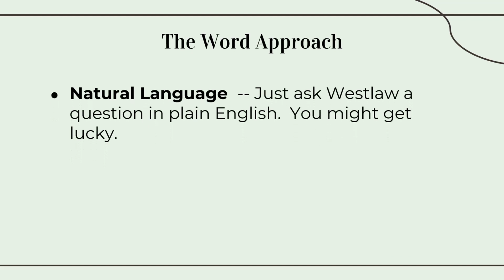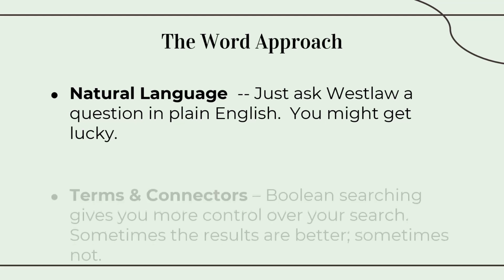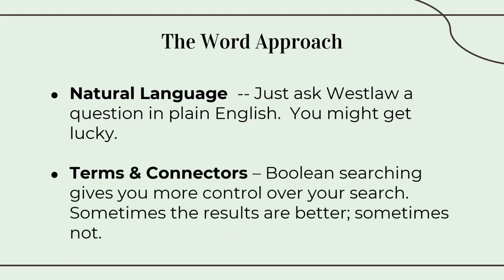First is to use natural language, and that's where you just ask Westlaw a question in plain English. You might get lucky. Sometimes you don't, most likely because you're not asking the right question or using the right words. The other way is the classic original way, which is terms and connectors searching.